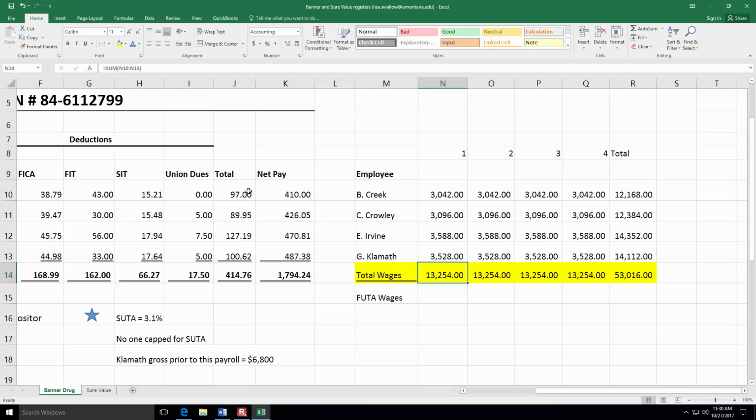Can you figure that? So we cap at what number? $7,000, right? And how much has already been taxable before this quarter? Yeah, the sum of these. So in the third quarter, how much is taxable for FUTA? 916, yeah.